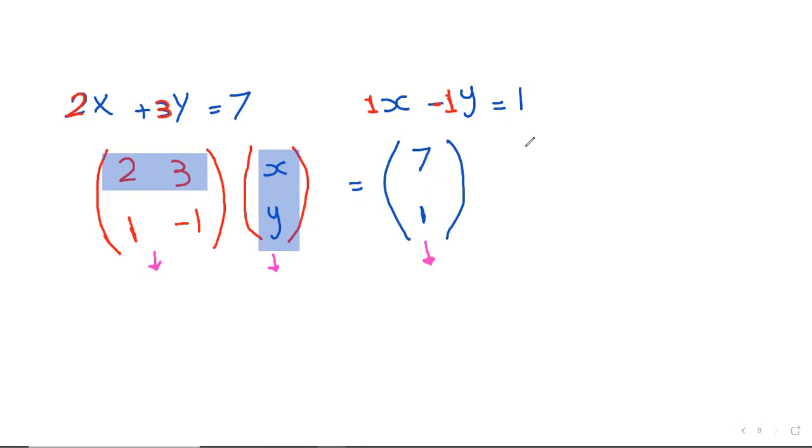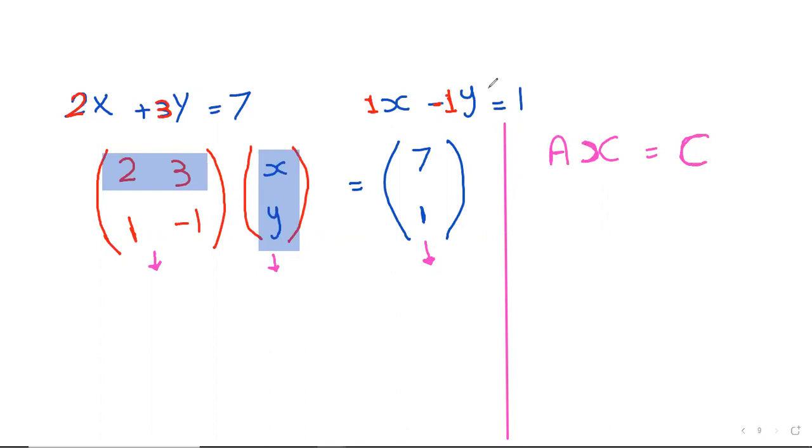So here we can write instead, to make it easy, the matrix A as we have learned, multiplied by the matrix X, the variables, equals the matrix C. It's a matrix multiplied by a matrix, and C is also a matrix.